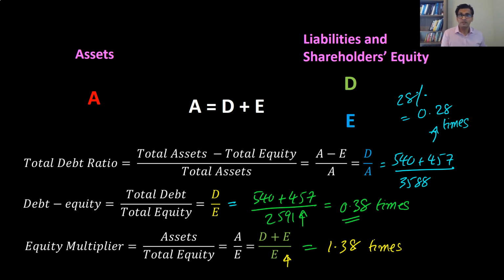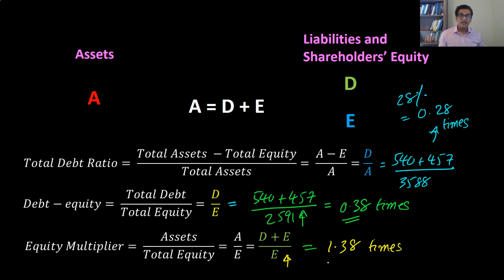How is that possible? How is it possible that shareholders are only putting in $1 of equity, but it's translating into $1.38 worth of assets? The only way that's possible is if the remainder, the extra 38 cents, is coming in the form of debt. So this is what the equity multiplier is trying to give us.